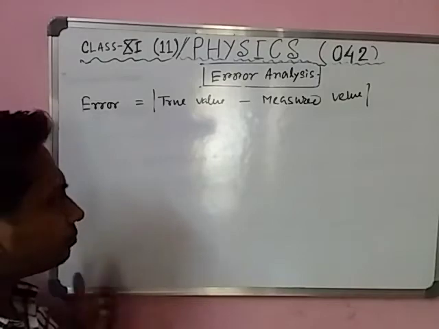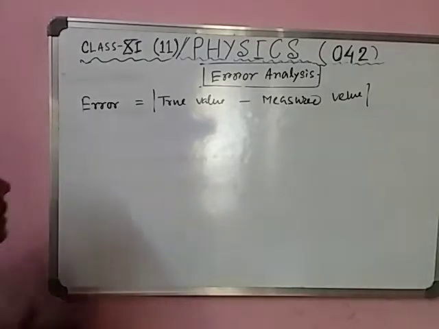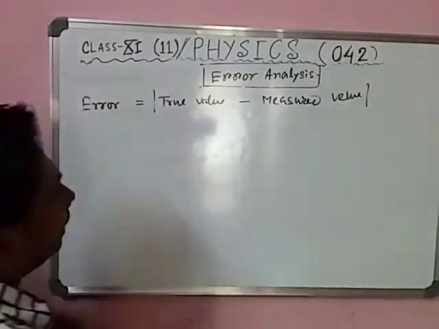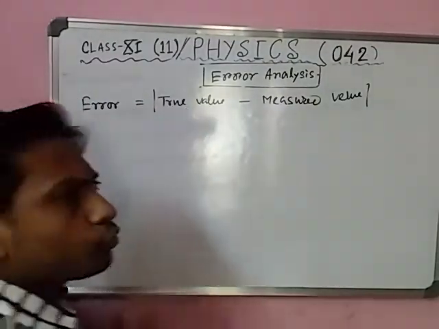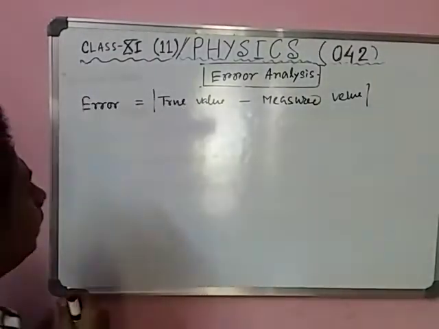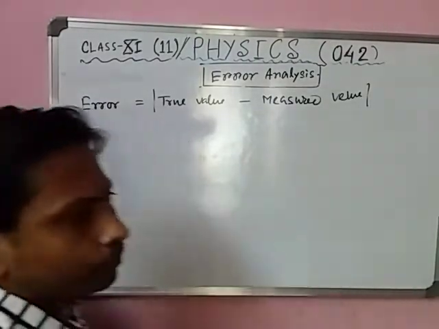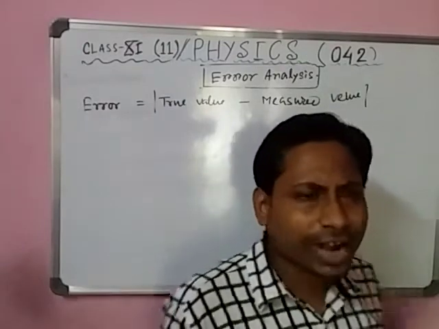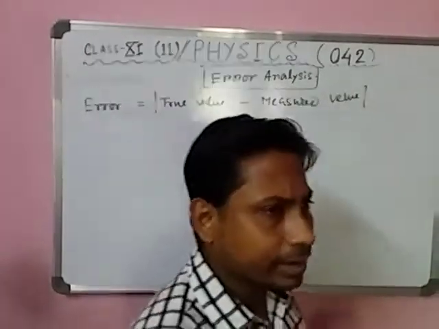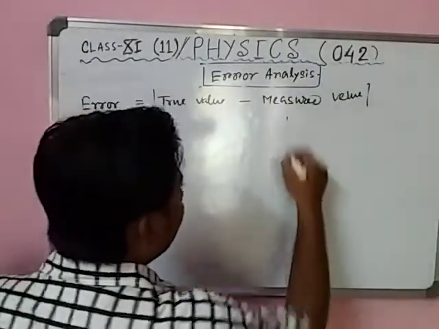Now students, you may be thinking how we can calculate which one will be the true value. In which value can we say this is the true value? For that, you have to take a large number of observations and take a mean. So we take an example.